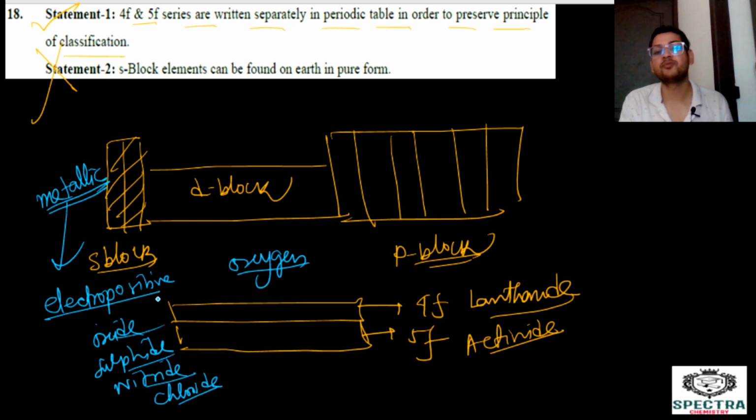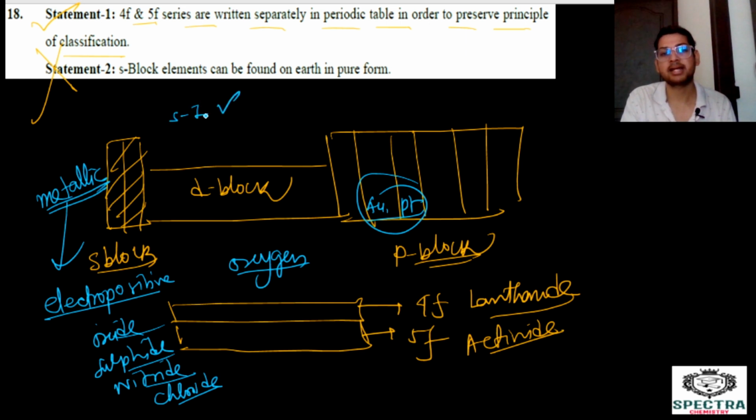You cannot get them in free state. Whom you can get in free state? Ag, Pt. It's not Ag, actually Au I should write. Au, Pt, this type of thing you can get in free state, but no, S block element, no. So statement 1 is correct, but statement 2 is not.